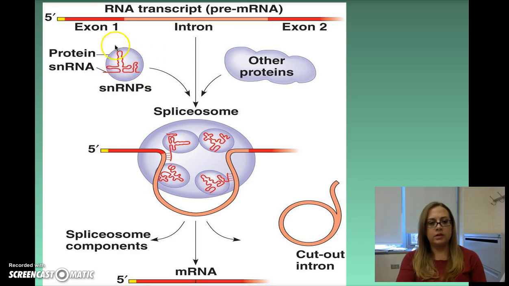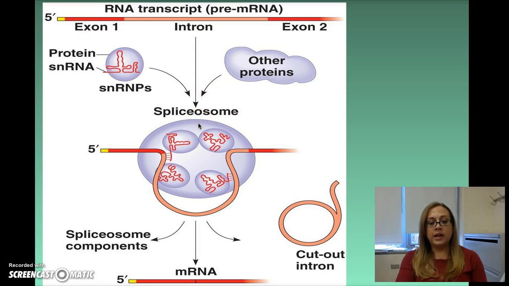So the purple is going to represent protein, and then the snRNA is going to be the red squiggly line. What that is, that's a molecule of RNA. When you have the snRNA with the protein, that's your SNRP. Then you've got other proteins. These are all going to come together to make what's called a spliceosome.